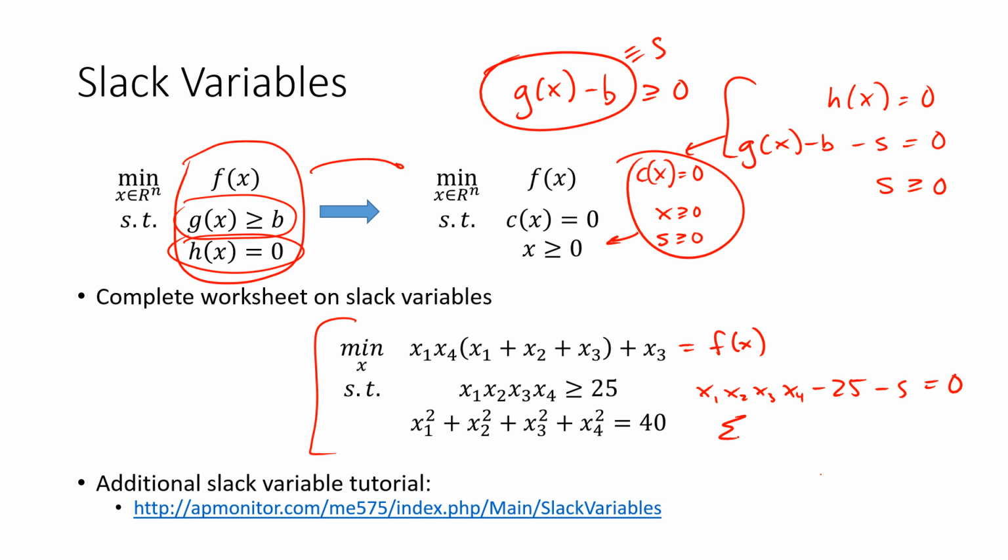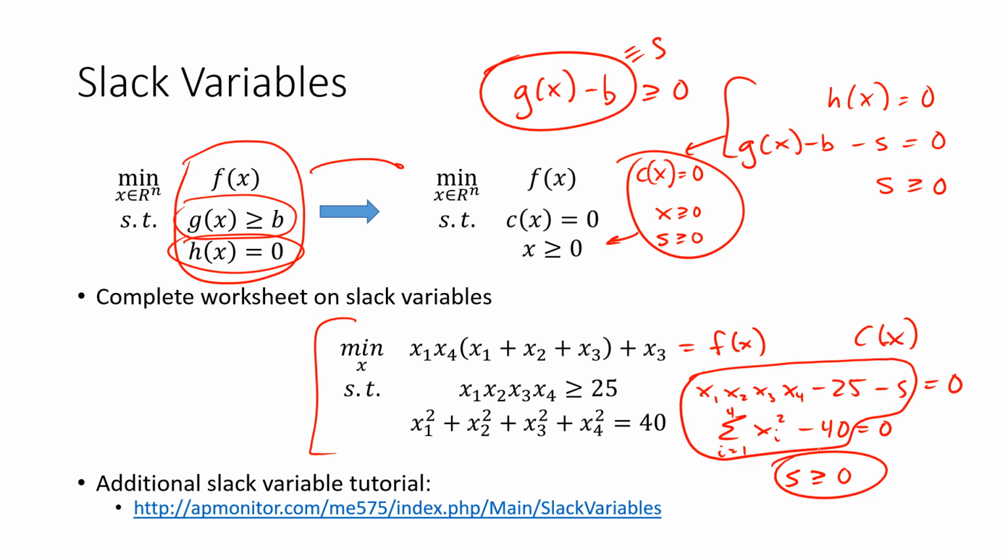Then we have the summation of the squares from 1 to 4 minus 40 equals 0, and our slack variable is going to be greater than or equal to 0. These are my constraints, c of x, and then I have a simple inequality constraint. So I've formed this in the standard form that we'll need for the interior point method.